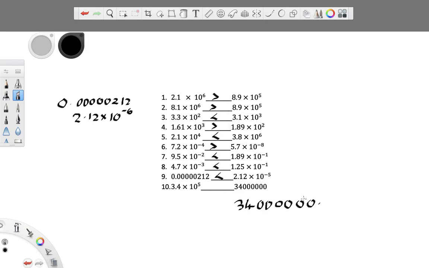So 1, 2, 3, 4, 5, 6, 7. So it becomes 3.4 times 10 to the 7. Is 3.4 times 10 to the 7 bigger than 3.4 times 10 to the 5? Sorry, it is, because 10 to the 7 is larger than 10 to the 5.